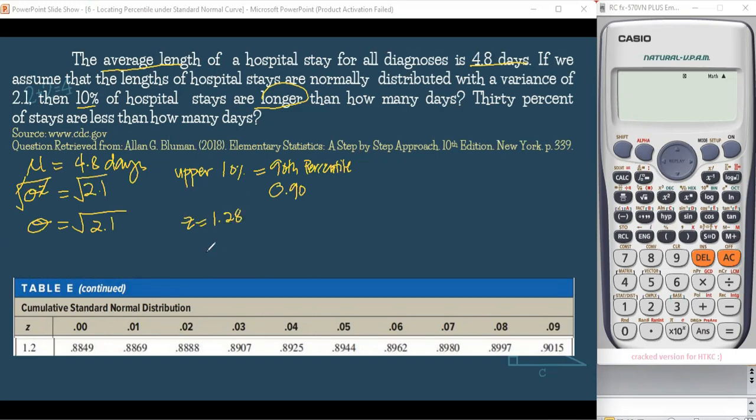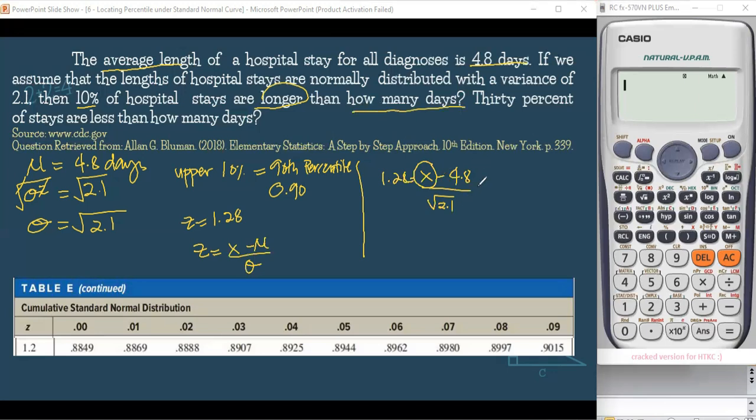So, di ba po, our formula is Z is equal to X minus the population mean all over the standard deviation. So, that will give us 1.28 is equal to X minus 4.8 all over the square root of 2.1. However, di ba sabi natin, ang goal natin is to find the value of X since we are dealing with how many days.